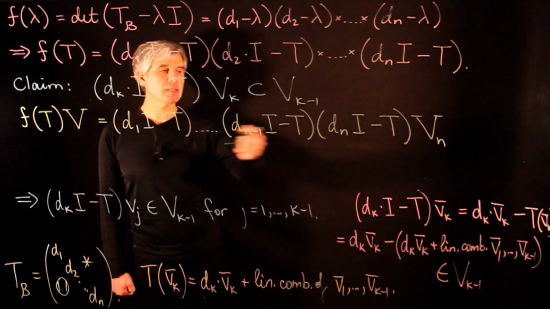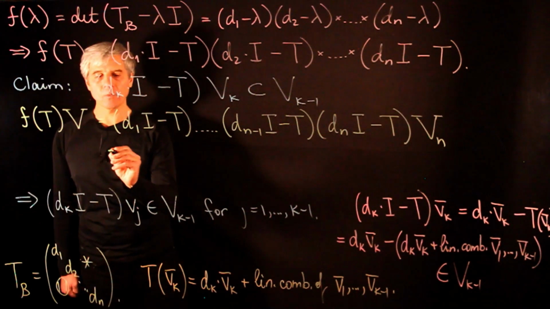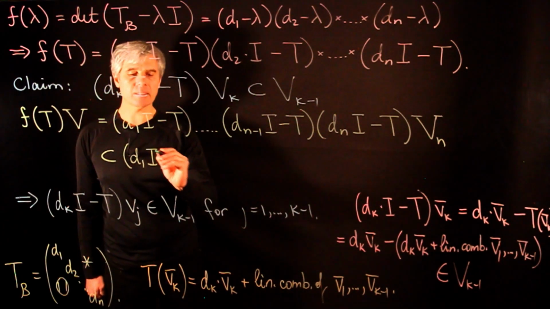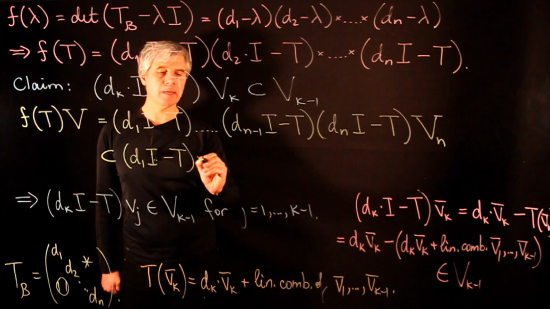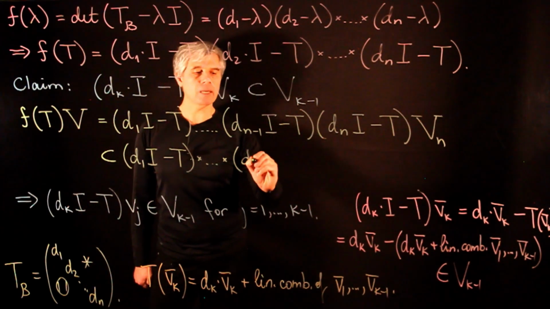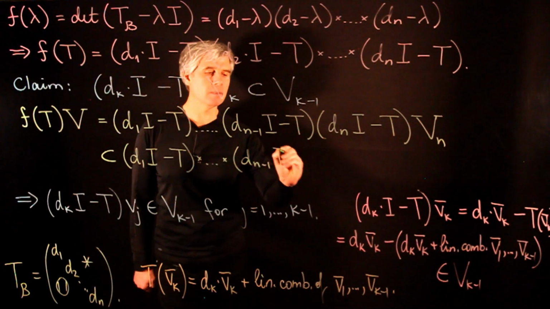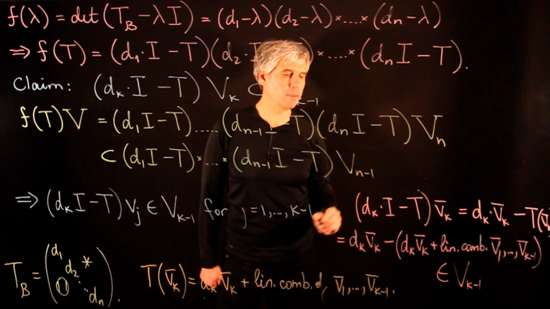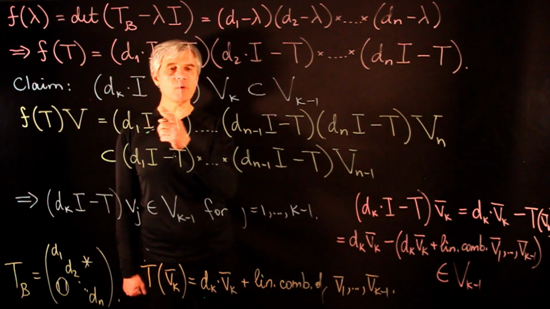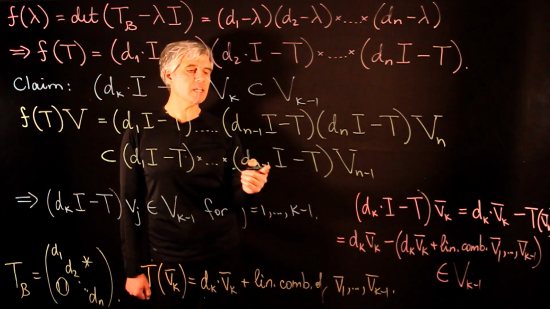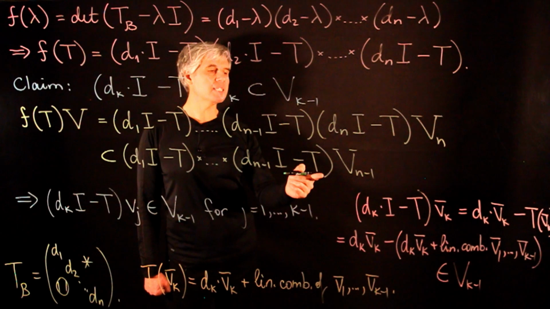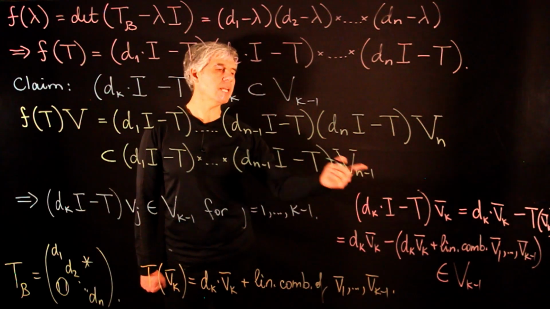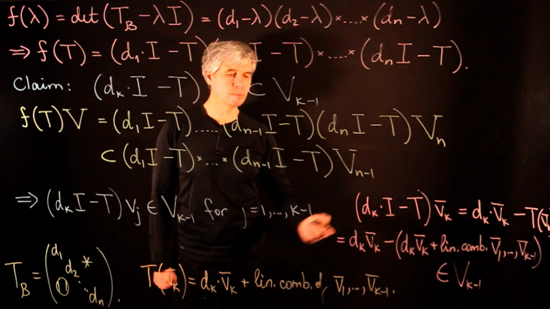So this tells us that the result of this calculation will be inside the following subspace: d1 times (identity minus t) ... times dn-1 times (identity minus t) acting on the space Vn-1. And now, applying our claim again, we see that Dn-1 times (identity minus t) acting on Vn-1 will bring us into the next subspace Vn-2.